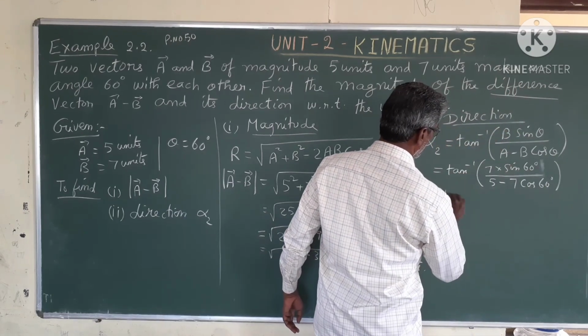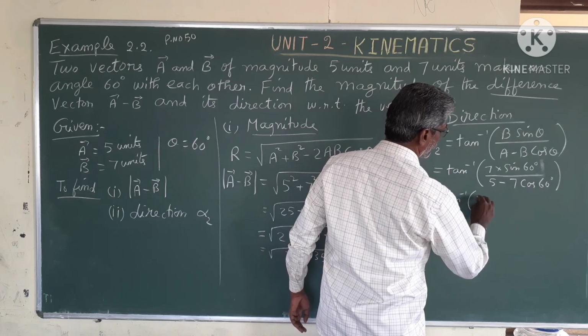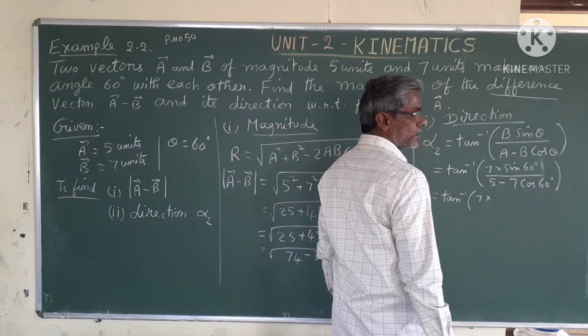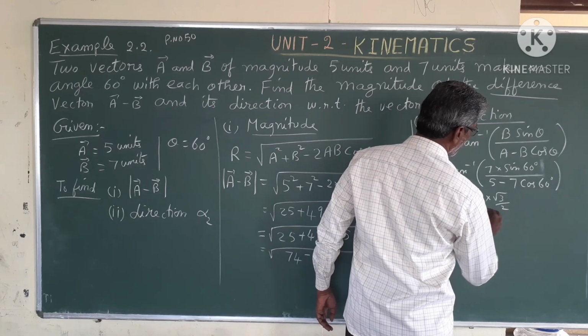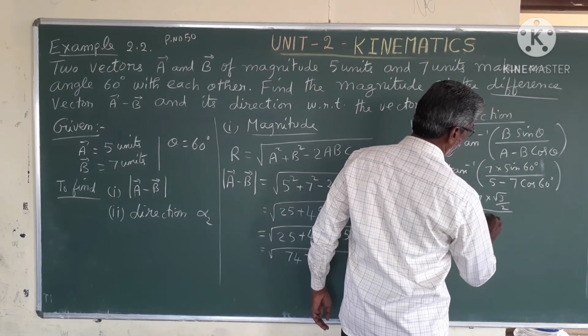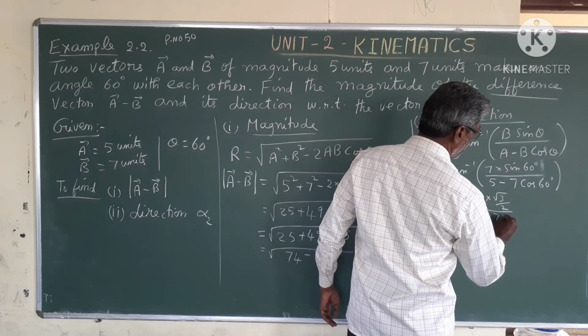So I can write tan inverse of 7 into sin 60, root 3 by 2, divided by 5 minus 7 cos 60, 1 by 2.